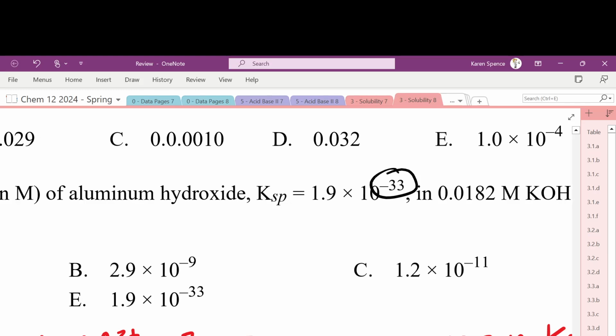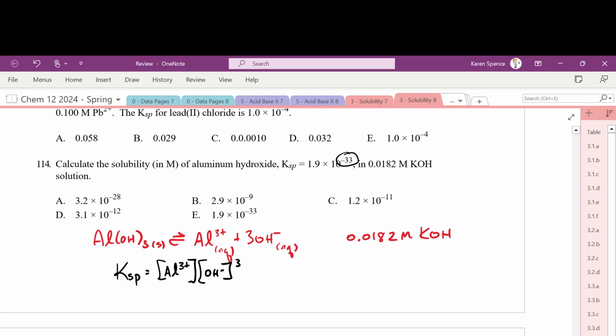They're really small. Therefore, the concentration of OH minus can be taken to be 0.0182, because it'll be plus 3x, but x is going to be teeny, tiny. So we can say plus 3x, but this is going to be insignificant.